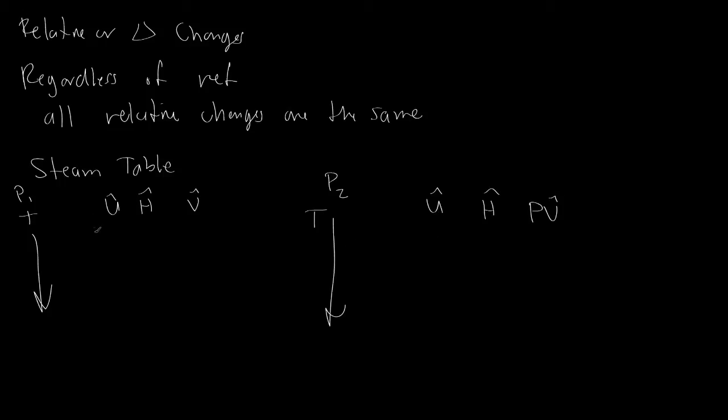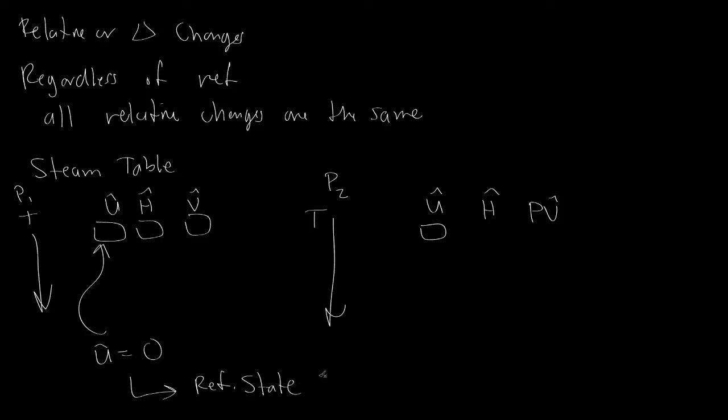Each of these boxes will be values that we can look up at a particular temperature and pressure. But you'll notice that at one of these cells here, you'll have U hat equal to 0, and this will be the reference state.